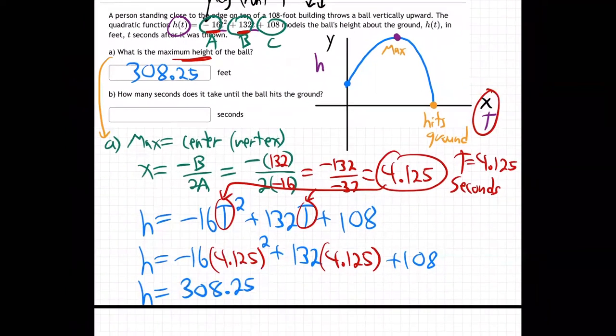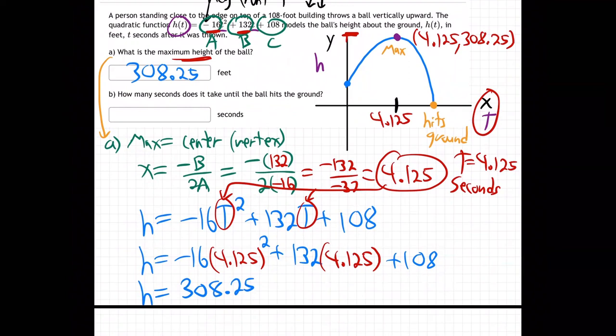Right here at the max, this is the point, over at 4.125 seconds and up at a height of 308.25. So at 4.125 seconds, the ball is at its highest point, 308.25 feet. That's how they do it with physics. That's a physics formula.